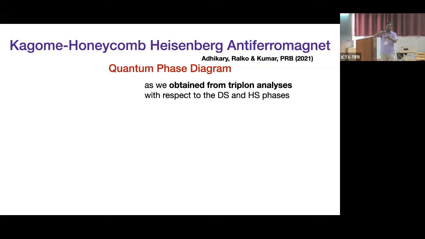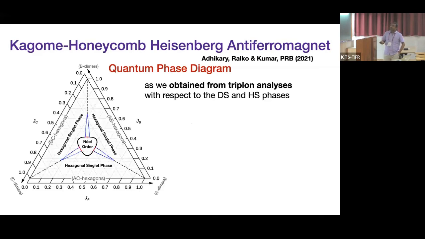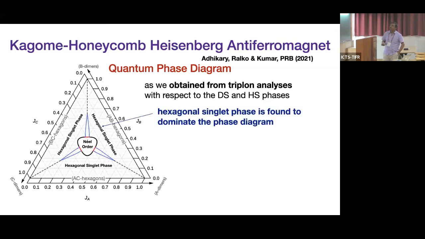So these are basically describing triplon fluctuations with reference to the chosen singlet state, in this case the hexamer. So we can do it with respect to dimer singlets or with respect to hexamer, both are possible. Let me not go into technical details, people interested can discuss with me or look at the paper.